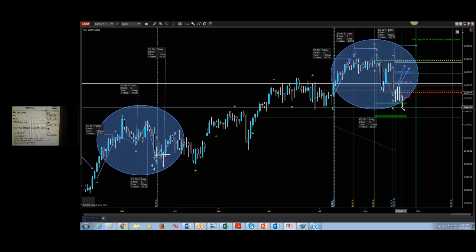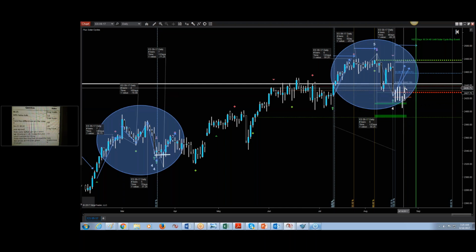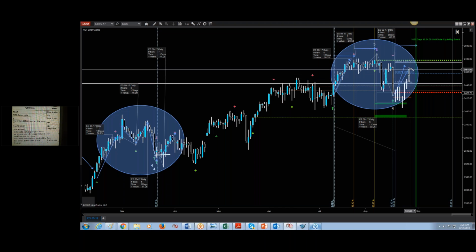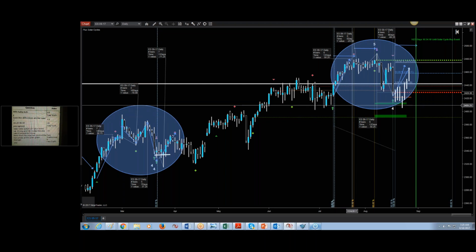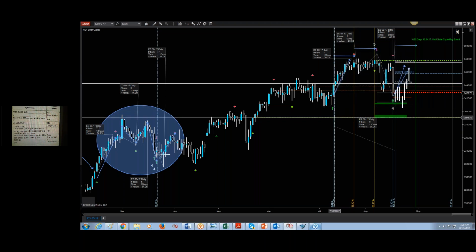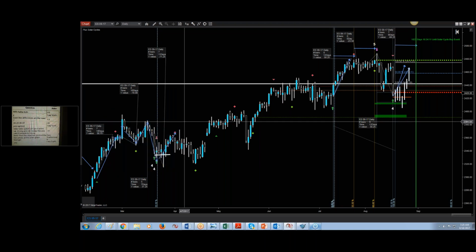It has the ability to do that. And then something like this, right? So can everybody see the similarities between those two patterns and what we are potentially expecting here?